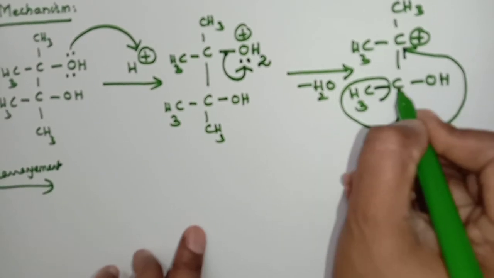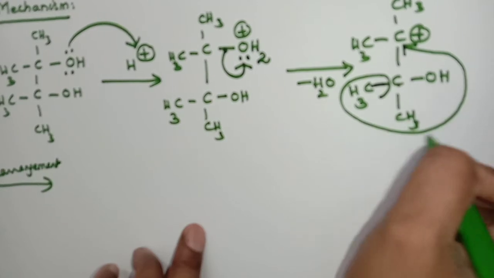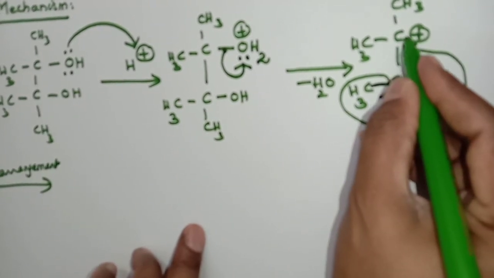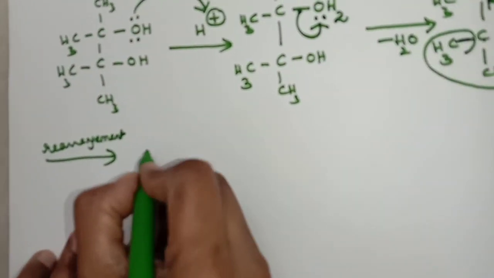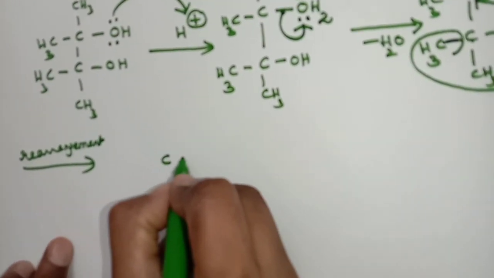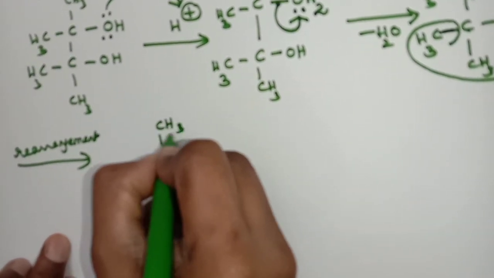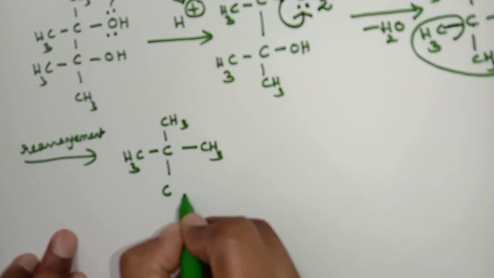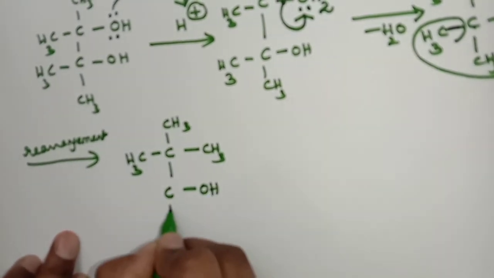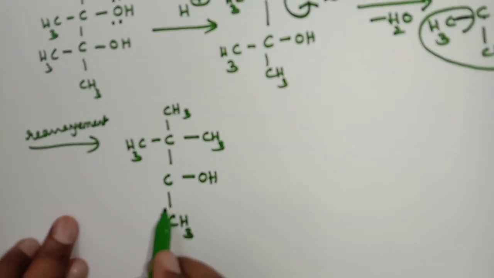The CH3 group that is present on the adjacent carbon, along with the 2 electrons, is shifted to the positively charged carbon. That is the rearrangement. Now this CH3 is shifted to this carbon. CH3, CH3, COH, CH3.